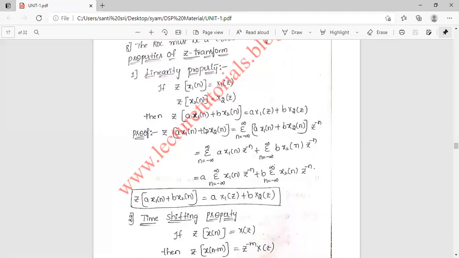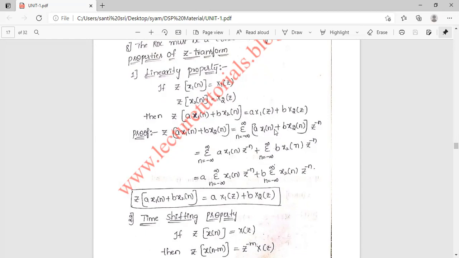So how will it be proved? Taking the Z transform of a into x1 of n plus b into x2 of n, that is sigma n equal to minus infinity to infinity x of n into z power minus n. Put it in the formula: a into x1 of n plus b into x2 of n into z power minus n.